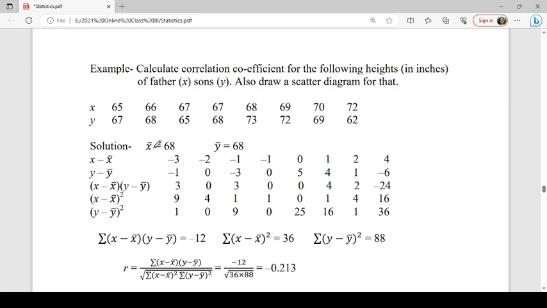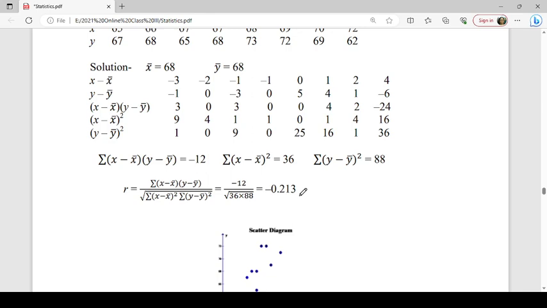So we computed x bar as 68, y bar as 68, same value we got. Then we make these columns, x minus x bar into y minus y bar, then square, we need to sum all this and then put here, and this gives us the value of correlation.